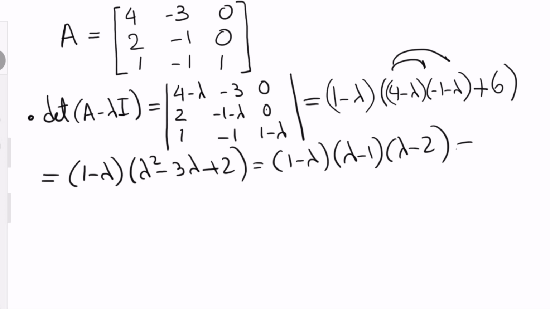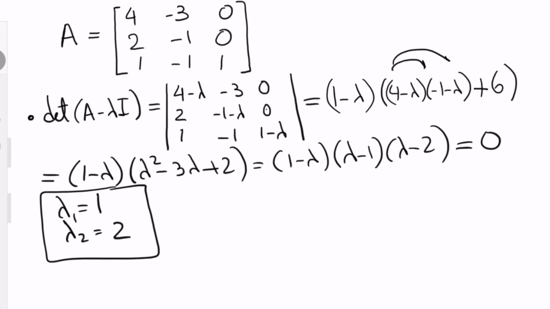So we put this equal to 0, and we obtain that the roots are lambda equals 1 and lambda equals 2. So this is then the list of eigenvalues for our matrix.